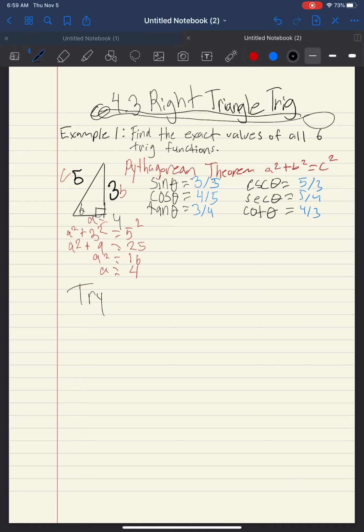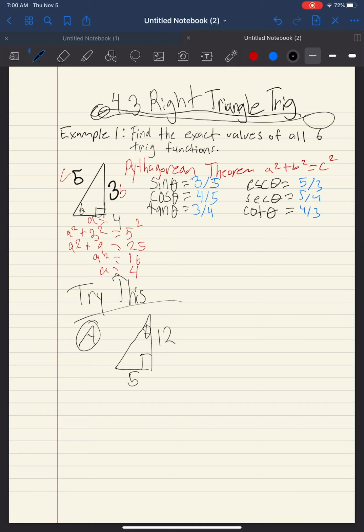I want you to try this. So please do this one on your own, where I give you a triangle, and your theta is right here, and I give you 12 and 5.